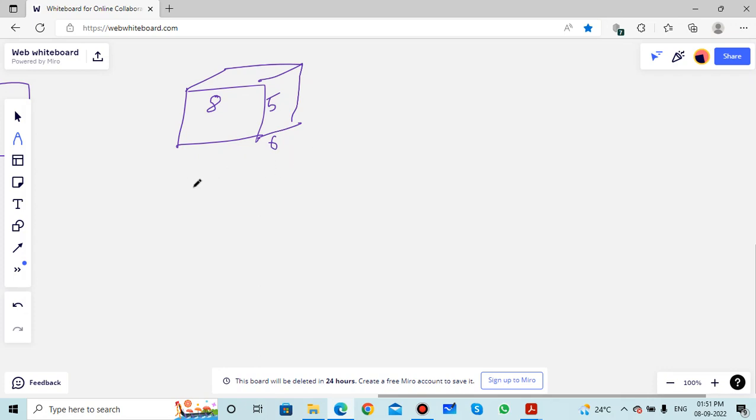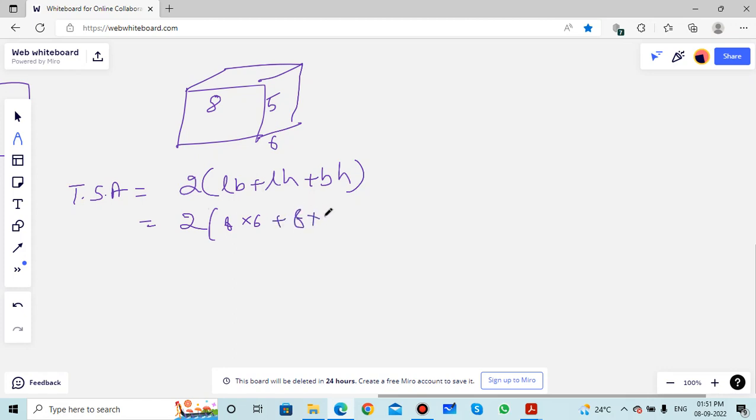Total surface area is 2 times (LB + LH + BH). So that is 2 times, L is 8, breadth is 6, plus 8 into 5, plus 6 into 5.